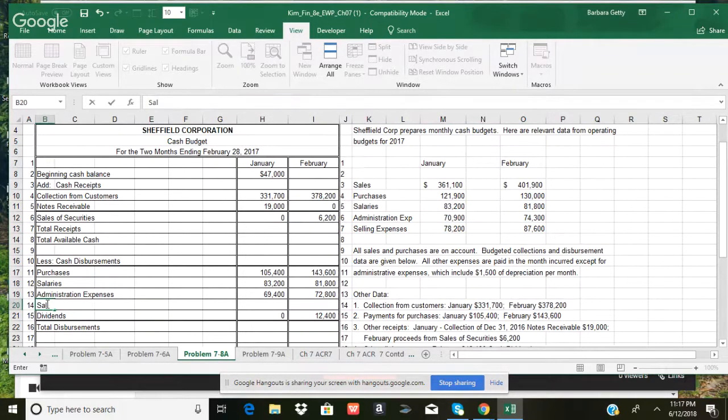Selling expenses. And the first one is 78,200, and the second one is 87,600. So we're going to go back up here.